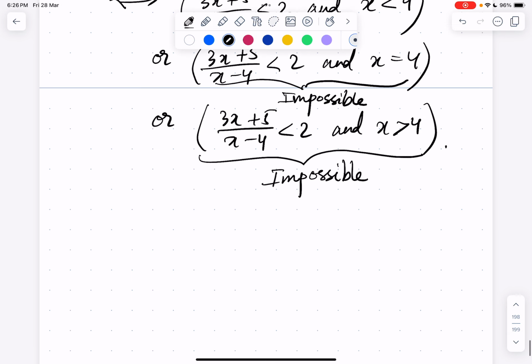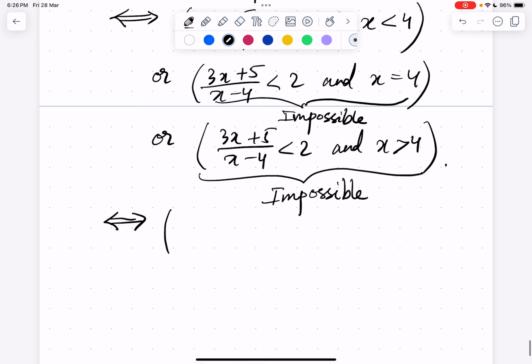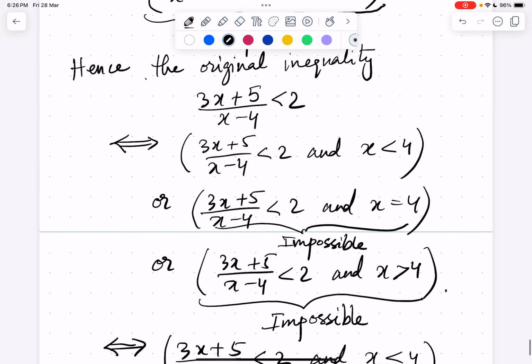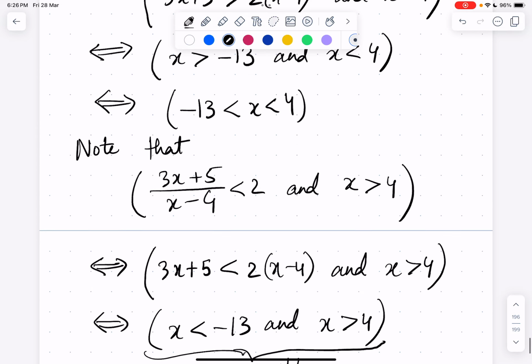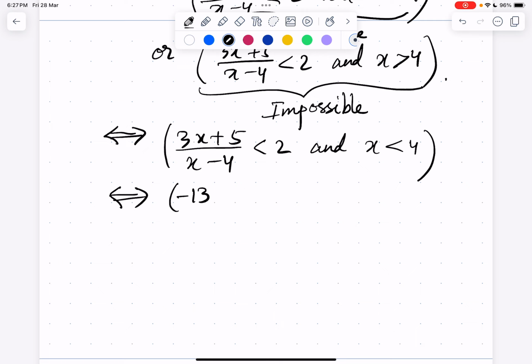Hence, in this OR statement, we get that this is equivalent to (3x plus 5) by (x minus 4) is less than 2 and x is less than 4. Only this is possible. So we have rewritten the original inequality as this, and this we saw reduces to minus 13 is less than x less than 4.